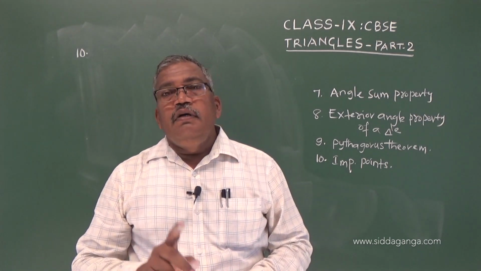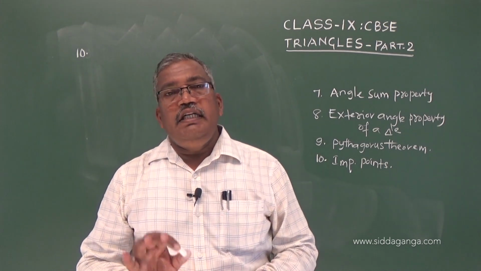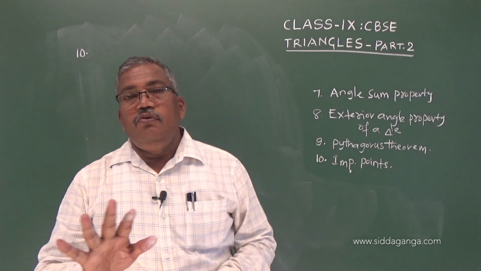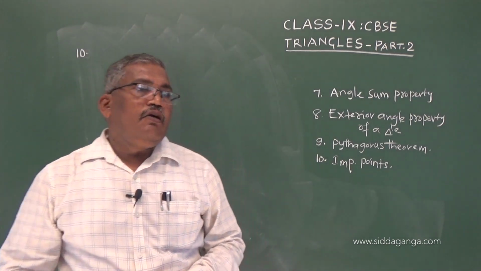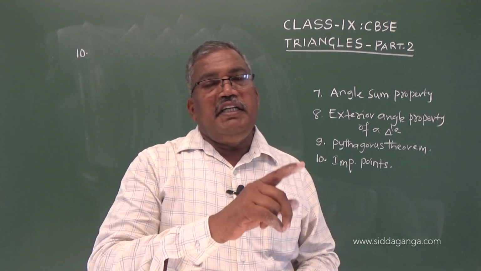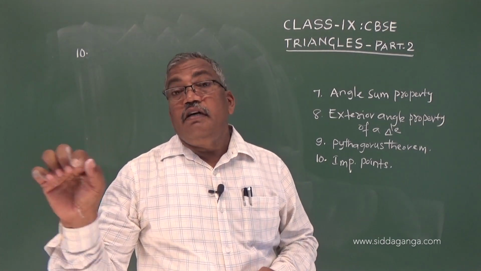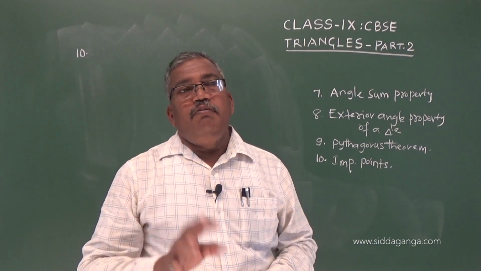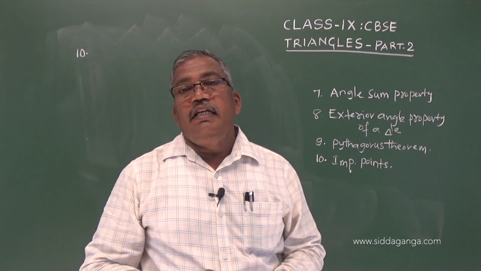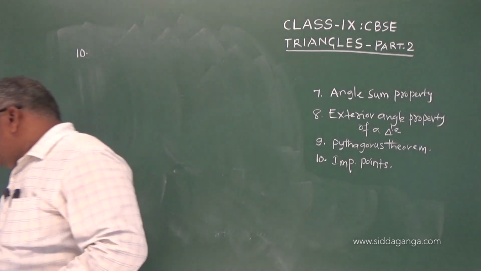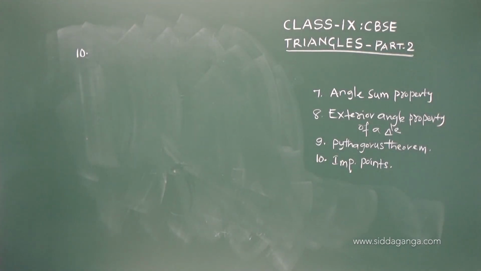So therefore, in any triangle, two right angles cannot be there, because if two angles become 90 plus 90, there is no scope for the third angle. So remember that in any triangle there can be only one right angle. That is one important point.